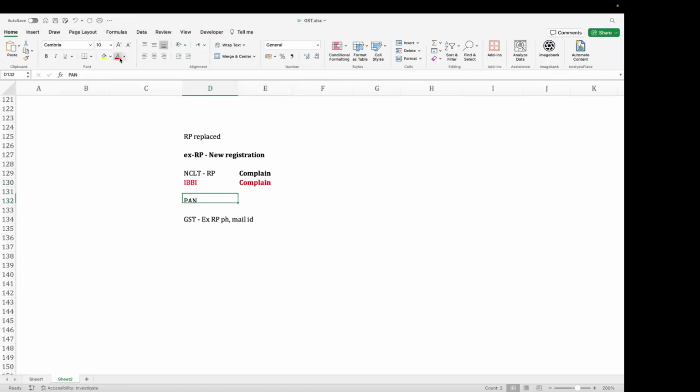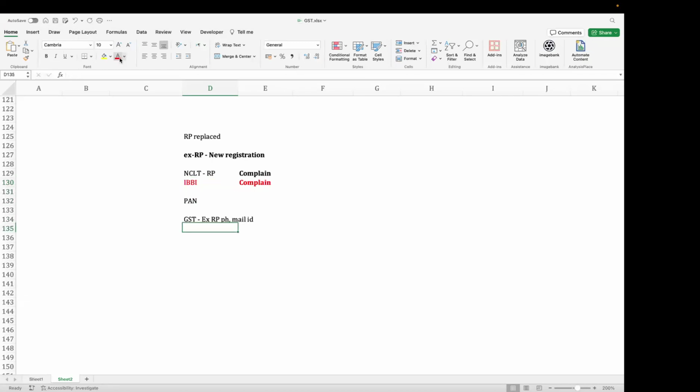That has been done. The 60(5) application has been submitted with NCLT, and IBBI has also been kept in the loop, because the application has been forwarded to IBBI also. And my next question is, what would be the liability if new registration is not taken?